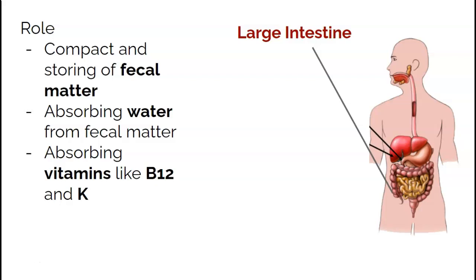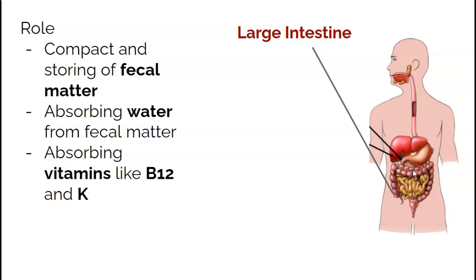Now, the large intestine's main role, you guys, and most important role is absorbing water. If we did not have the large intestine, we would become extremely dehydrated. As fecal matter passes through, you have to think about what this is. We swallowed food, we mixed it with a bunch of fluids. 1 liter of fluid is released down into the small intestine. We drink water.